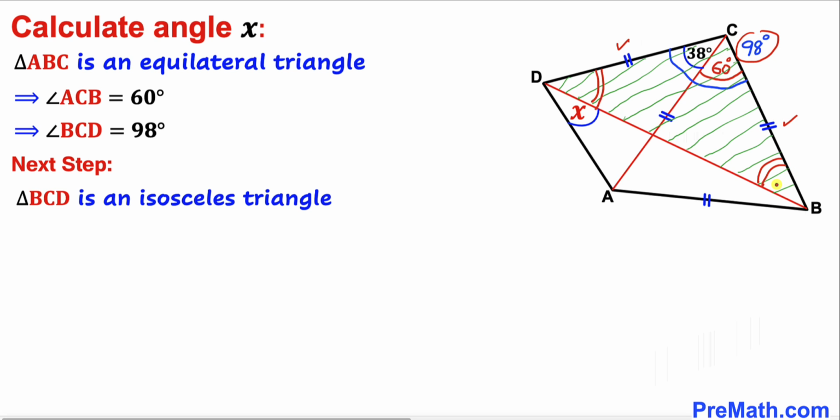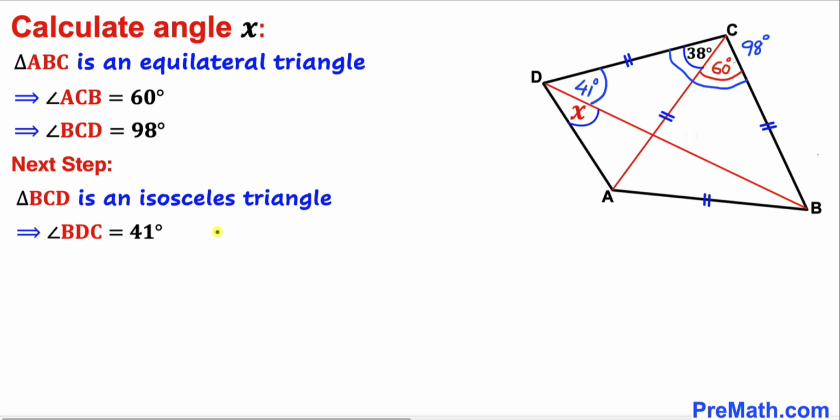So therefore these angles have got to be 41 degrees, and this one is going to be 41 degrees each. And now we can see that this 41 degrees plus 98 degrees plus 41 degrees indeed adds up to 180 degrees. So therefore our angle BDC turns out to be 41 degrees.